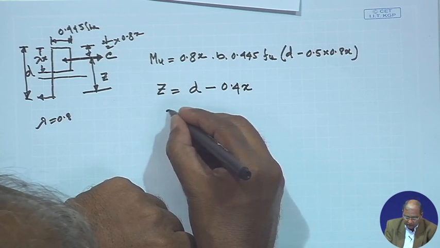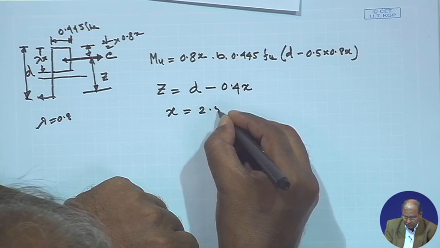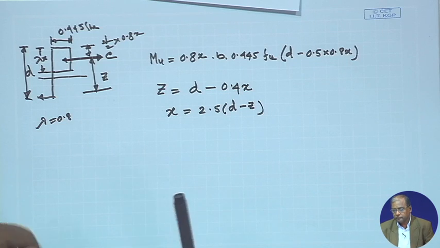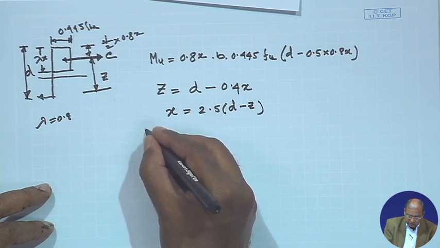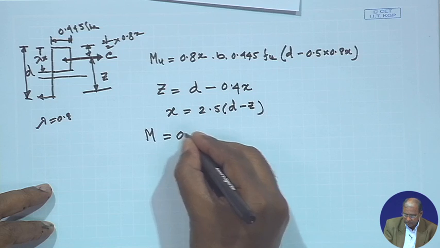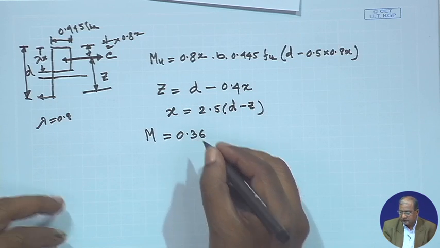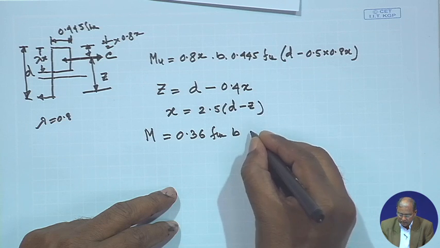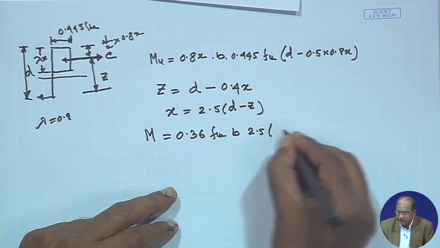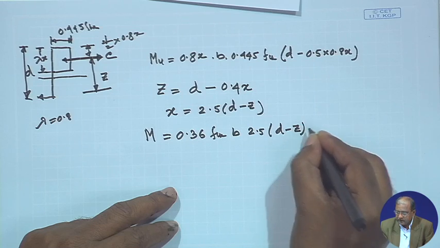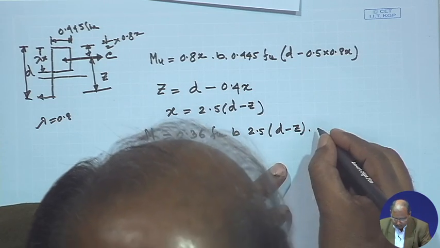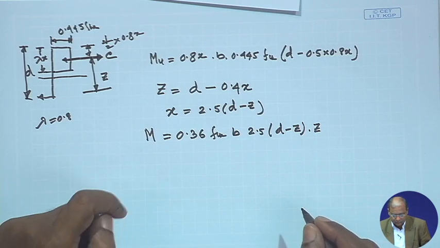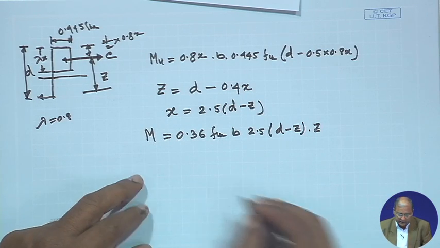So, we can write down x equal to 2.5 D minus Z, and as usual I can write down m 0.36 FCK B into 2.5 D minus Z. So, this is the equation we can get here.